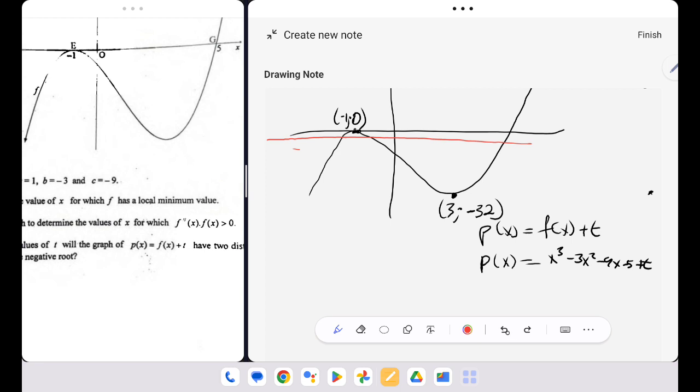I want to have two positive roots and one negative root. So here, that's the situation I want, and here that's the situation I want. So my value of t should be just between this thing here, which is -5 and -32.